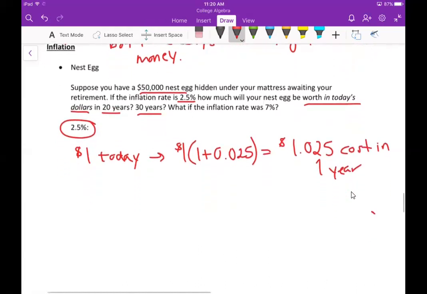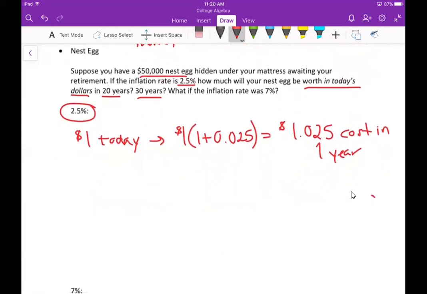So what we don't want to do is treat this as a growth rate, because I don't want to know what things are going to cost. I want to know what this is going to be able to buy in today's dollars in 20 years. So what I can buy with that $50,000 is going to go down. If we think instead about our buying power and how that's changing, instead of the actual cost changing, then think about that in reverse.